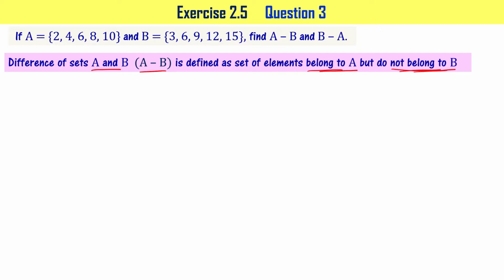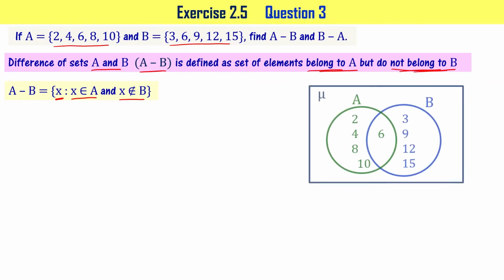This can be represented in the set builder form as shown here. A minus B is a set of elements X such that X belongs to A and X does not belong to B. To understand this better, let's draw a Venn diagram for these two sets, A and B. In the Venn diagram, you see the set A, which is shown using a green color circle, has elements 2, 4, 6, 8, and 10.